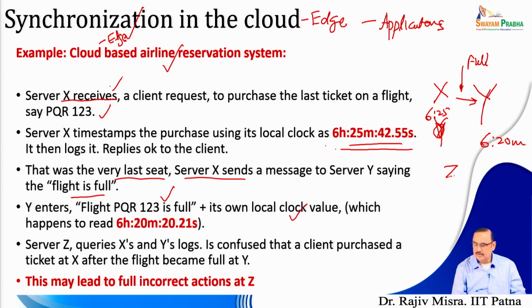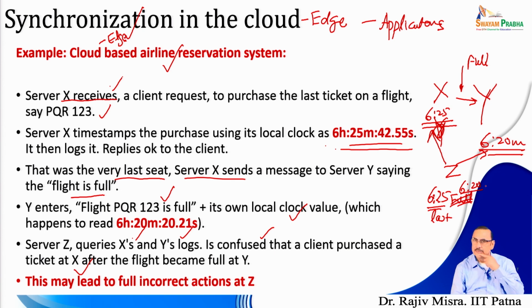Now, server Z queries X and Y's log. Z is confused that the client purchased a ticket at X after the flight became full at Y. You can see that at 6:25 it will get the information that the flight was full, it was the last ticket, whereas at 6:20 the flight was full at Y. So, there is a clock synchronization problem.